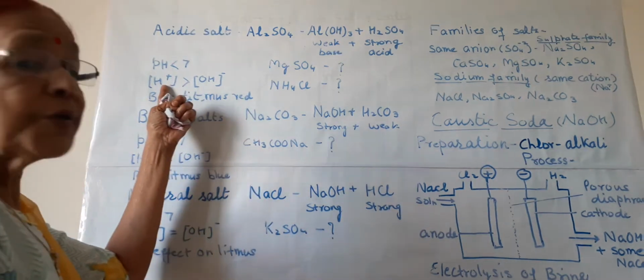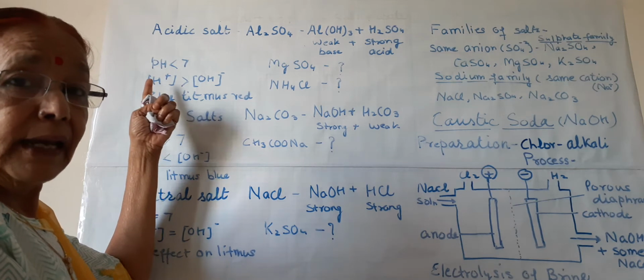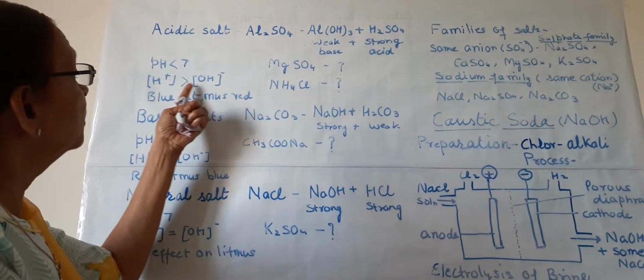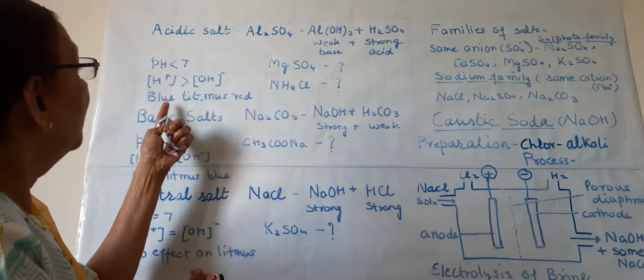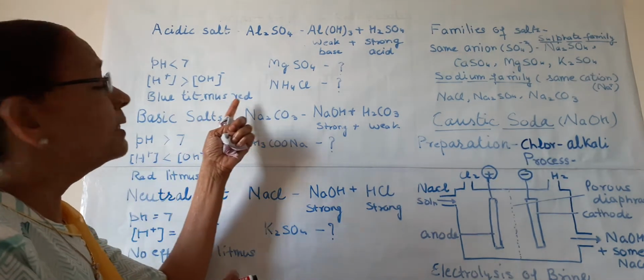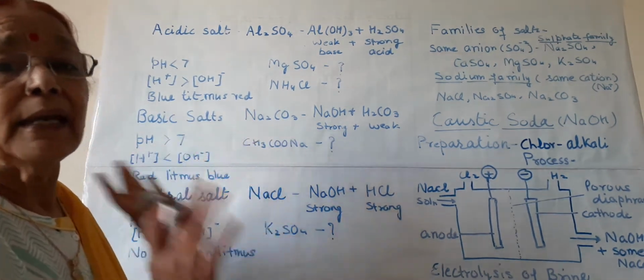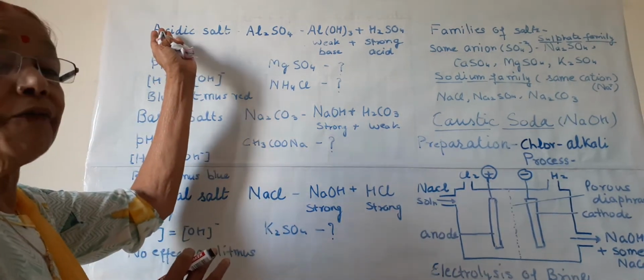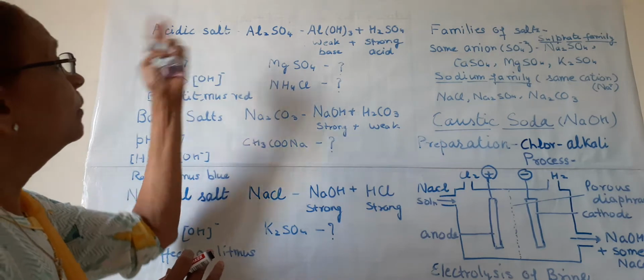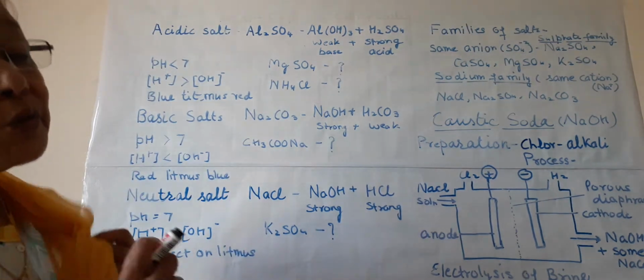Here H positive ions are more than the hydroxyl ions as in acids, and they turn blue litmus red as in acids. So they have these characteristics of acids. That's why they are known as acidic salts.